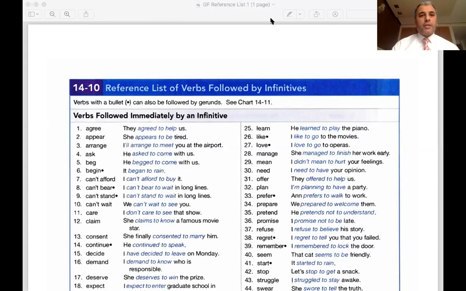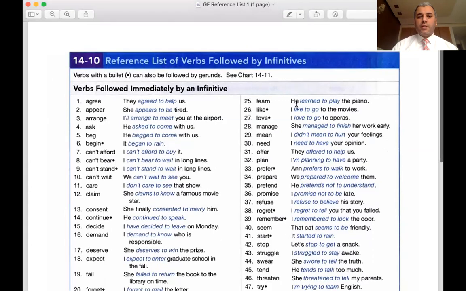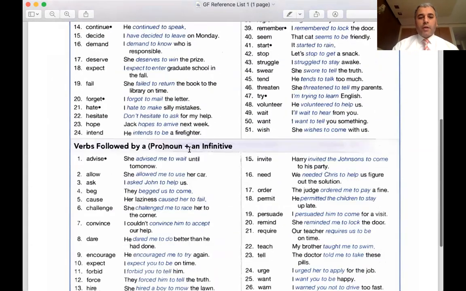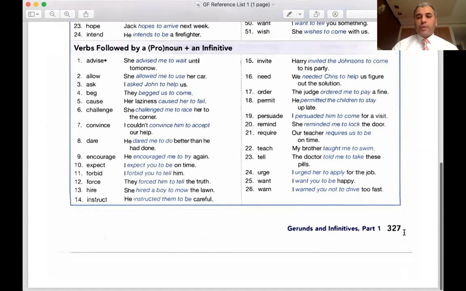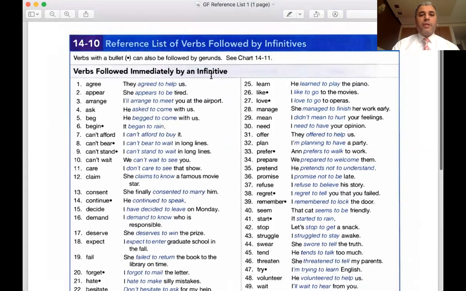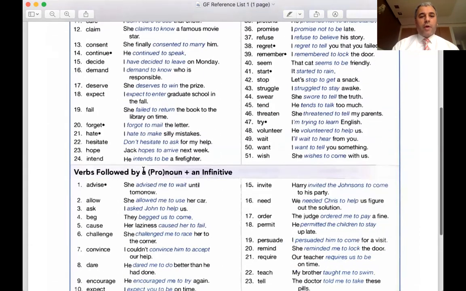Let me take another list for you. This is list 2. This is list 1. Reference list of verbs followed by infinitives. This is a list for you here that you have taken from your book, page 327. You have verbs followed immediately by an infinitive, like agree, etc. Then verbs followed by a pronoun and then an infinitive.